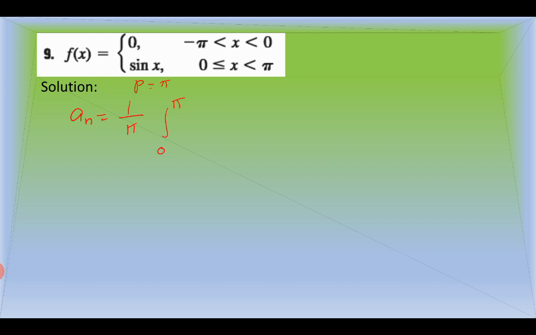And the first part is 0, so 0 to pi, the function is sin x, and then we should use cosine n pi x by pi, so it will be cosine nx dx. And we should use the formula that we have discussed in the last topic, sin a cosine b.